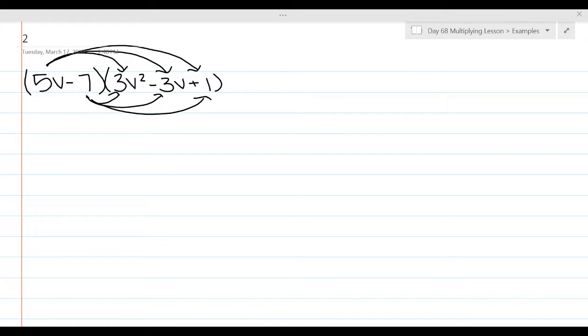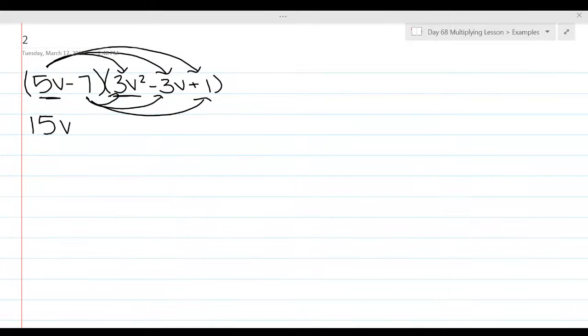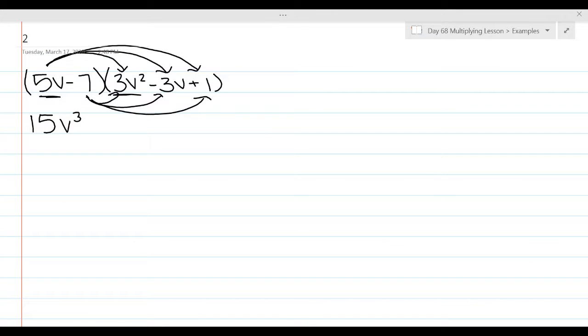So, 6 arrows, right? So we do the first one, we got 5v times 3v squared, multiply the coefficients, you get 15. Then v times v squared is going to be v to the third, right? So you add the exponents, that's the word I'm looking for.